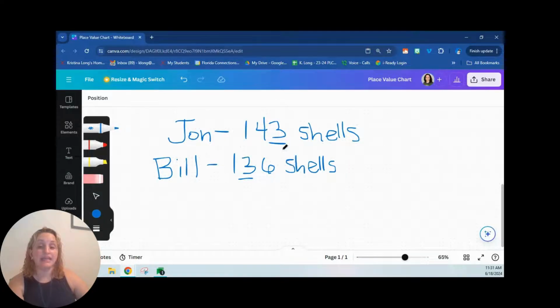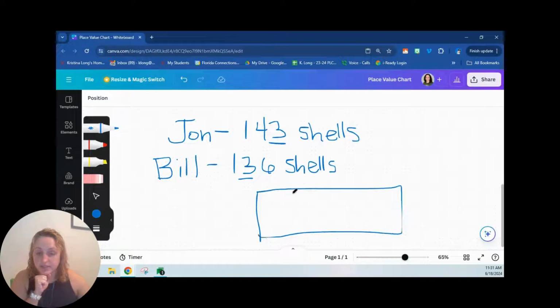Well, anytime we're talking about the value of the digit, I want to think back to my place value chart. If I need to draw a quick little place value chart, I can do that, right? I can make my quick little hundreds, tens, ones. This one only goes up to the hundreds place. And I can write my two numbers in there.